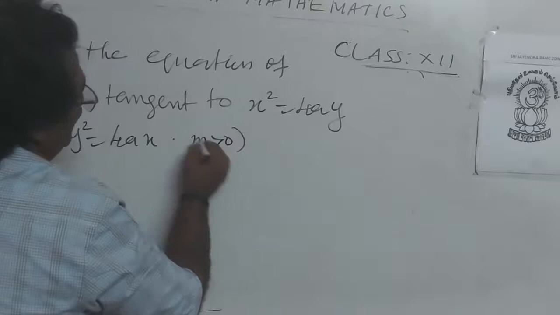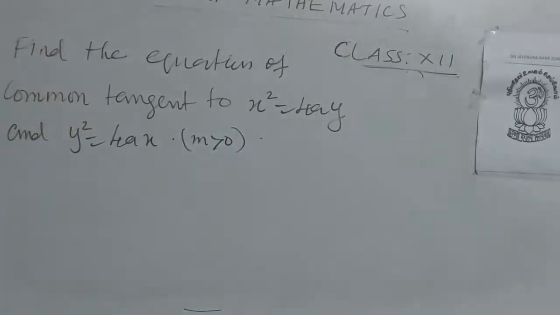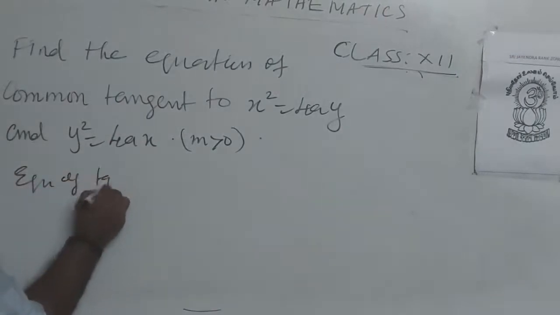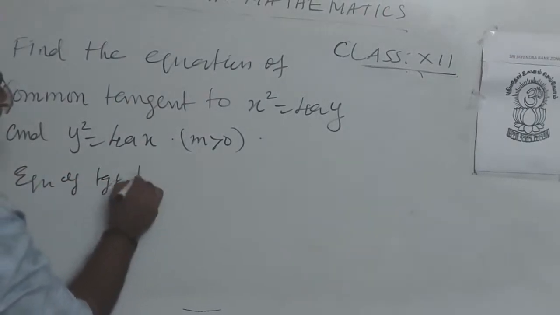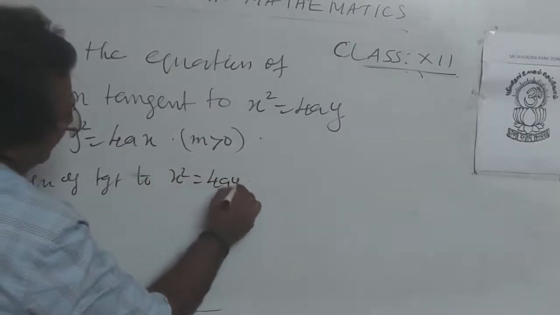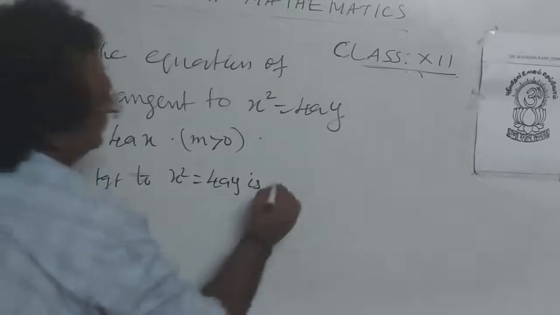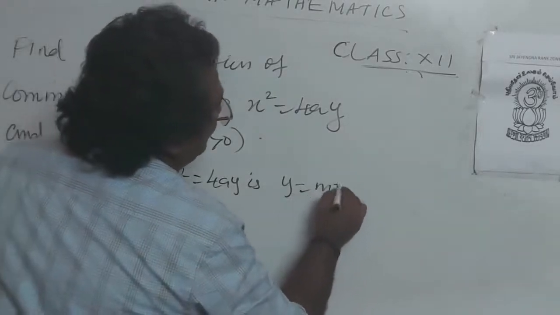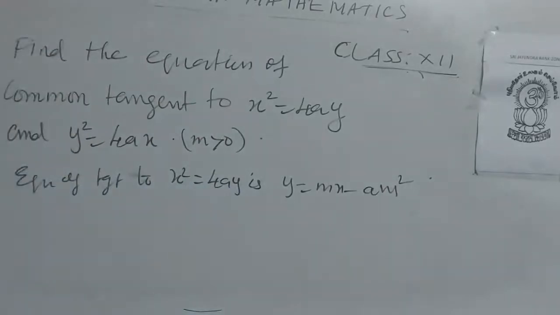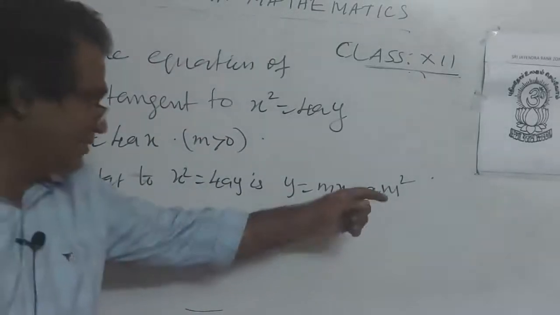So slope m is positive, they are given. Equation of tangent to x squared equal to 4ay is y equal to mx minus am squared, which is of the form y equal to mx plus c.